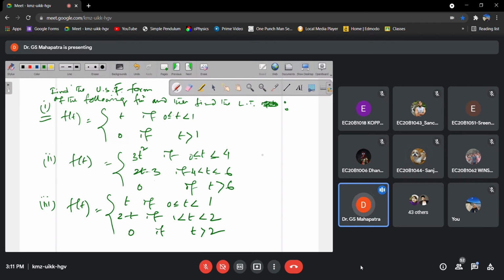First you have to write the unit step function form, and my question is, can I write instead of 0 any constant value like 5, 6 or 7?